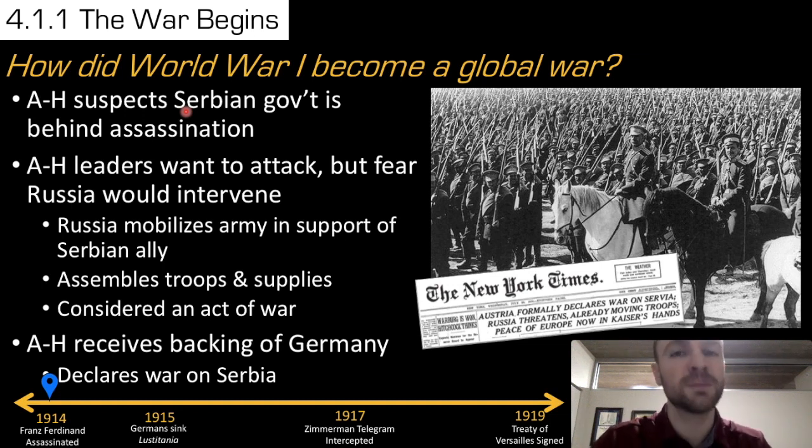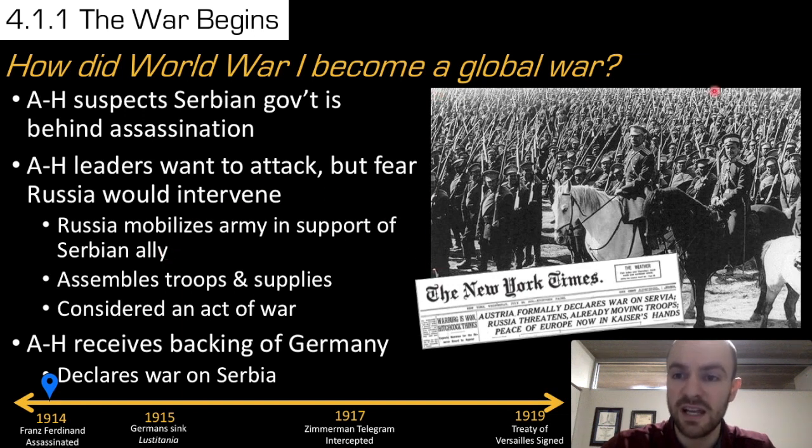They couldn't possibly believe that Gavrilo Princip had acted on his own. So they believe that the Serbian government had put him up to it. So the Austro-Hungarian leaders wanted to attack Serbia, but they feared that Russia was going to intervene if they did so. Because Russia had already started mobilizing the army in support of their Serbian ally.